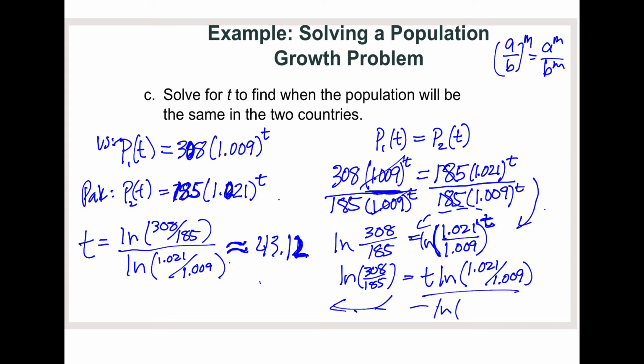I think I interpreted the previous one incorrectly, but 43 years it'll take for their populations to be really close to equal, and once we push it over into the next fraction of a year, which would be the 44th year, after 2010, it'd be 2054 is the year where we will see it.